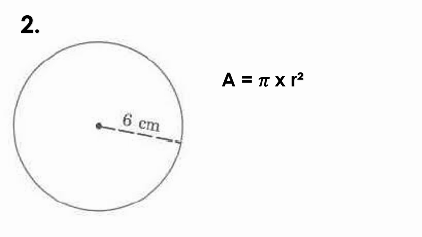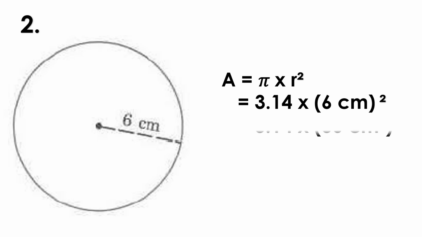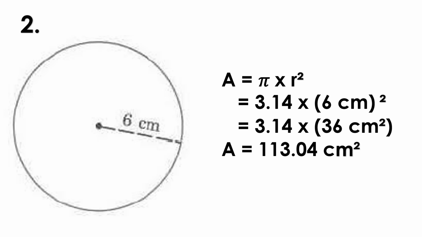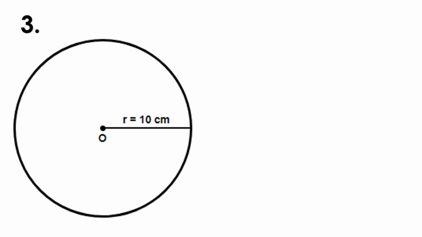Number 2, the radius given is 6 centimeters. We have A is equal to pi times r squared is equal to 3.14 times 6 centimeters squared. 6 centimeters squared is equal to 36 centimeters squared times 3.14, and the answer is 113.04 centimeters squared. Next, example number 3.